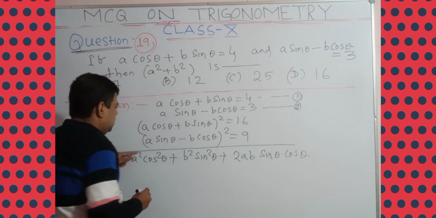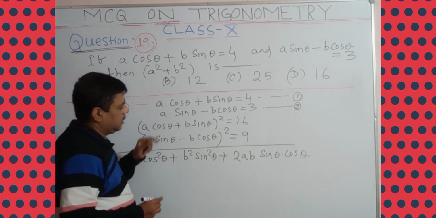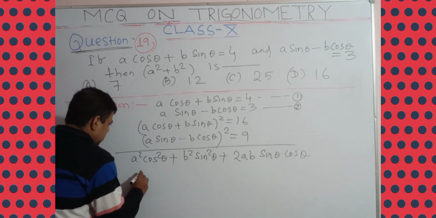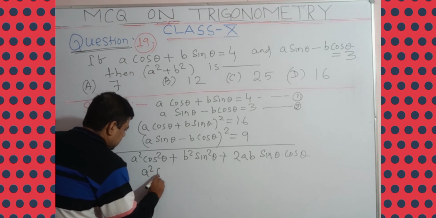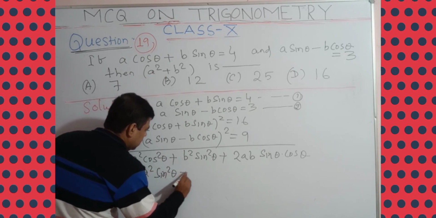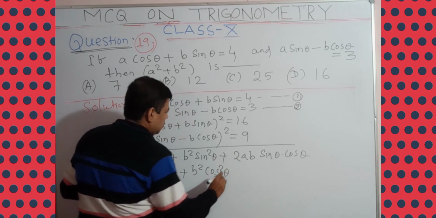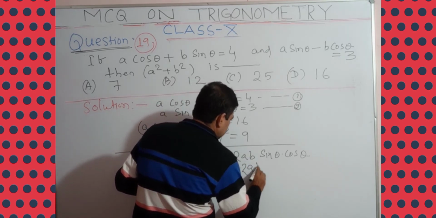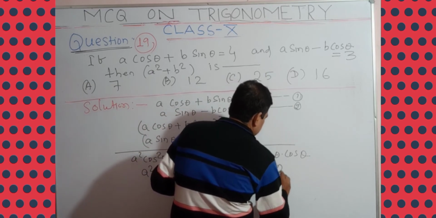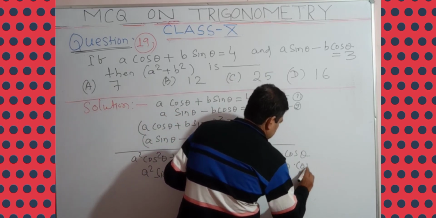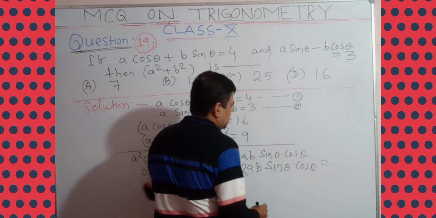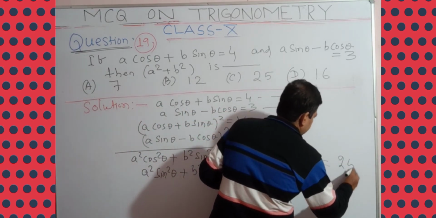Similarly, (a sin theta minus b cos theta) whole square, after expanding it will be a square sin square theta plus b square cos square theta minus 2ab sin theta into cos theta, and the value will be 16 plus 9, which is 25.